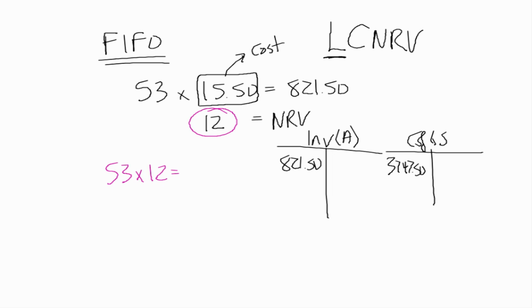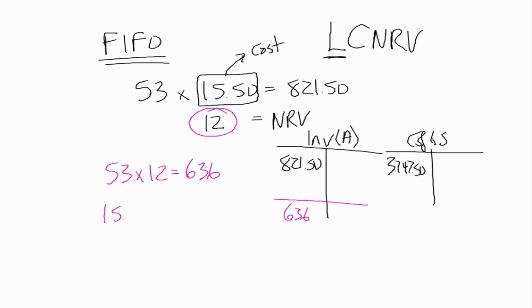I did not. This is equal to, anybody know what it is? I don't have my calculator here. Thank you very much. 636. So we want to know how much we are going to have to write it down by, because this is sitting right here at 821.50 right now, and we need it at 636.